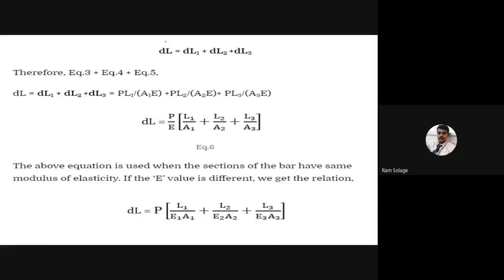Full stop. Therefore, write down. On your screen, they are showing delta L is equal to delta L1 plus delta L2 plus delta L3.